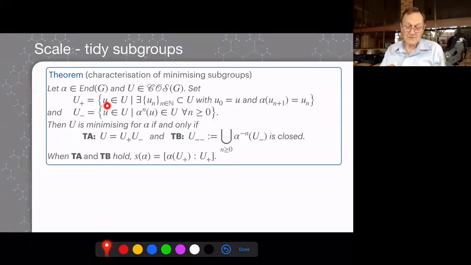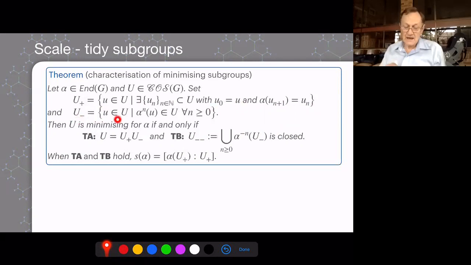It might not be one-to-one, but we can find some trajectory within the subgroup U, which is left invariant by alpha and which terminates at our given element u. So U plus is the set of elements of U that have a history inside U as we iterate alpha.